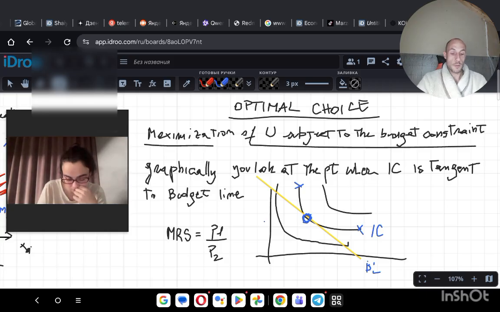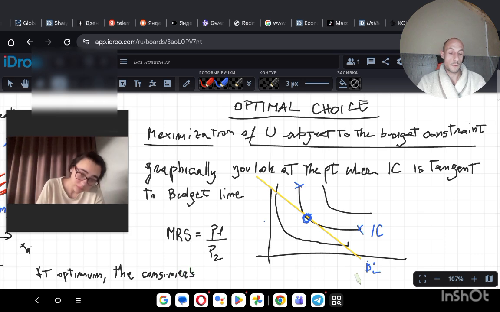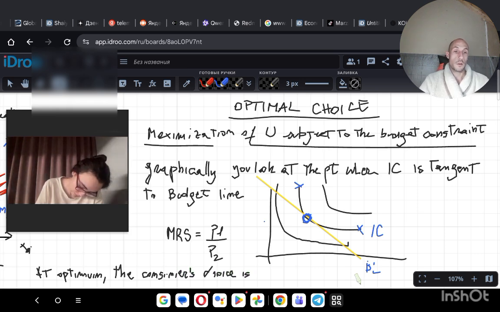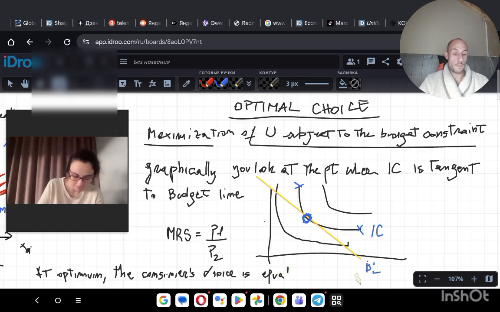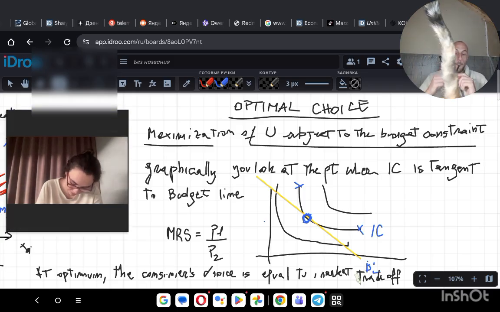What does it mean? That at the optimum, the consumer's choice is equal to the market trade-off. What is a trade-off? Exchange.